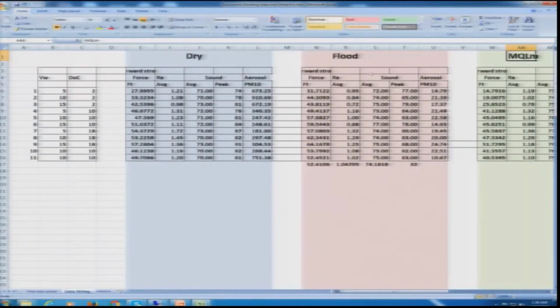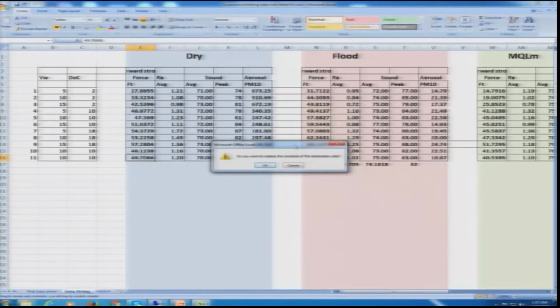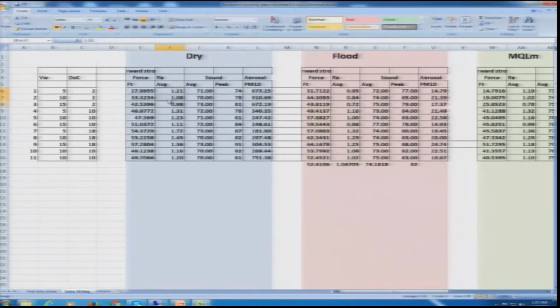So, for all these cutting fluid methods or all these cutting environments, the values were obtained for force using LabVIEW software, for average roughness value. In this case, for roughness 10 values were taken and average of those 10 values is put here.